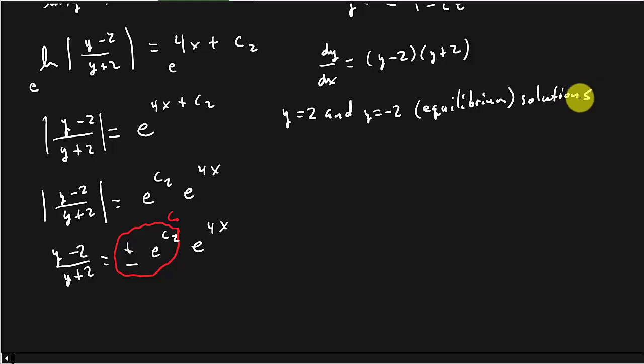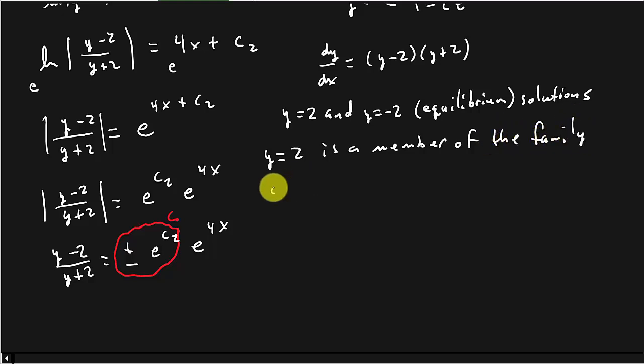Okay. All right. y equal 2 is a member of the family of solutions corresponding to c equals 0.